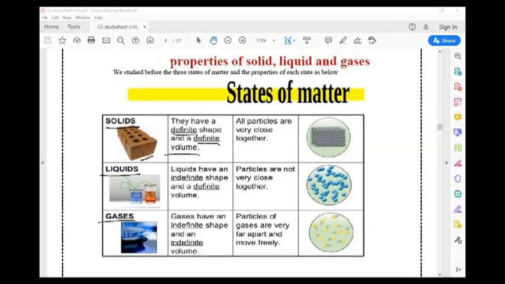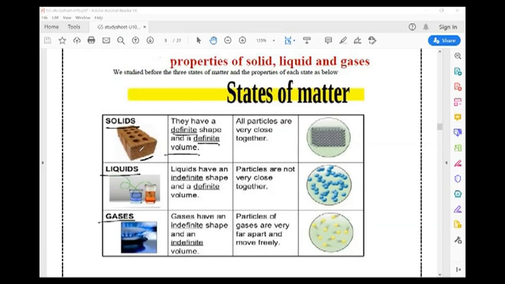For example, this brick, if you put it here or hold it between your hands, it will not pour or flow. It means it has definite shape and definite volume. Definite means fixed shape and fixed volume. Also, its shape doesn't change by itself and its volume doesn't change.